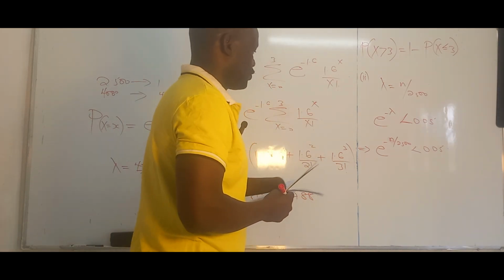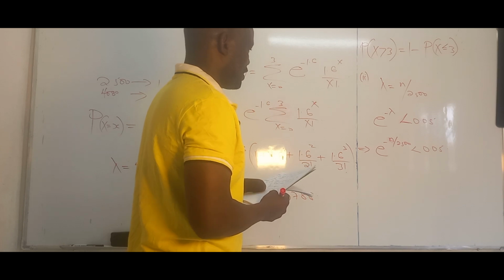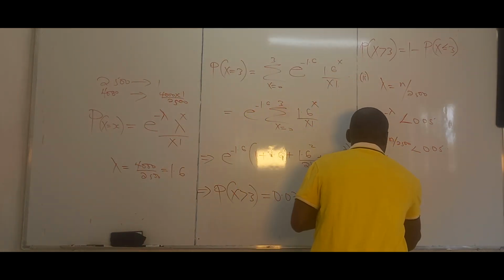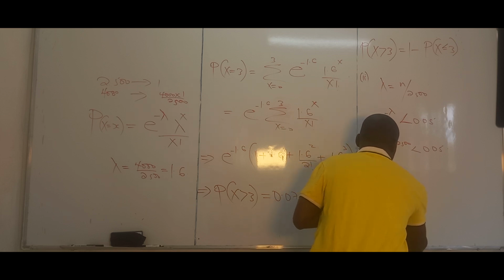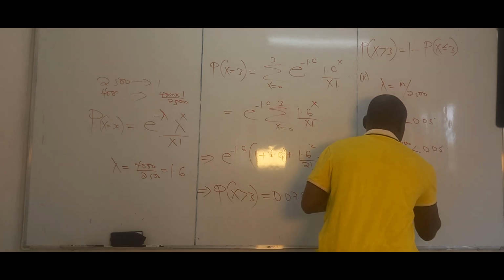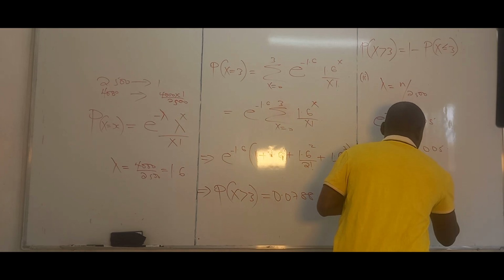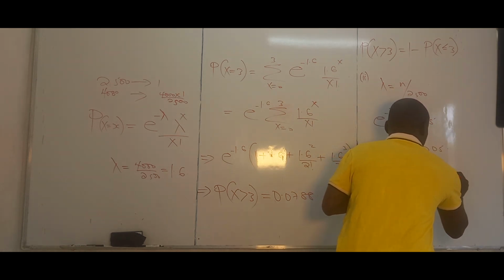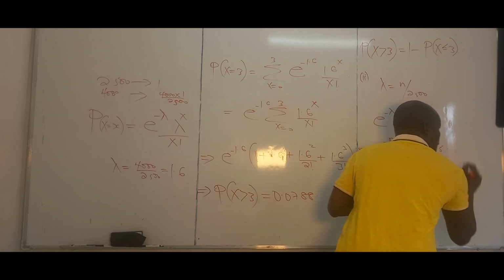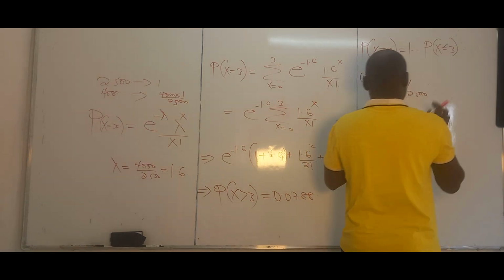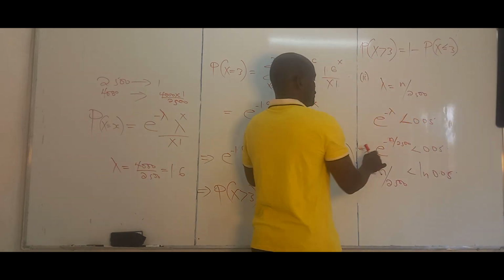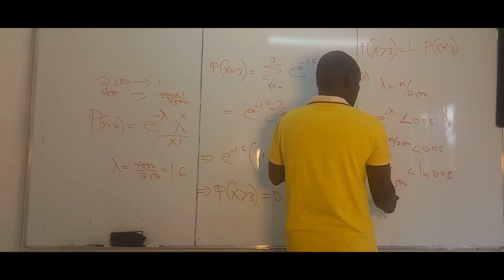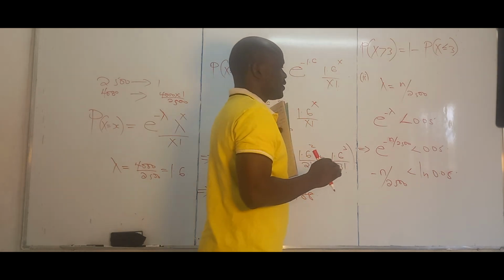If we introduce the natural logarithm, it means that we'll have negative n over 2,500 is less than ln of 0.05. Now, in essence, introducing a natural logarithm on this has the effect of leaving just this.